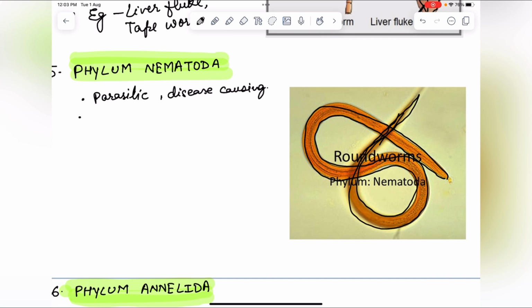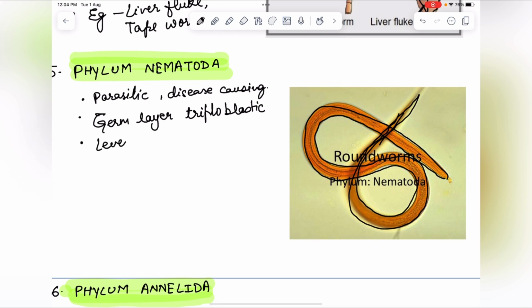They are triploblastic. The level of organization is organ level of organization. Organ level means what? They form organs in their body. Now we have studied cellular level of organization, tissue level of organization, and this is organ level of organization.